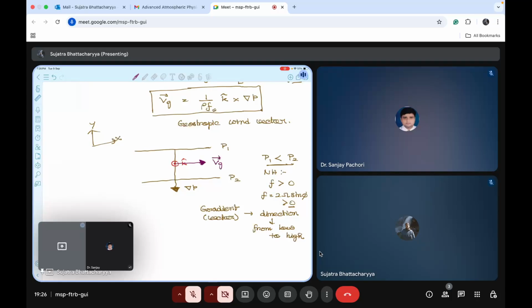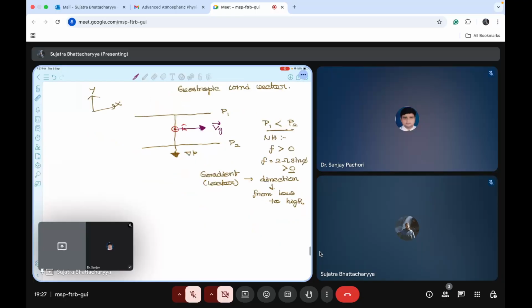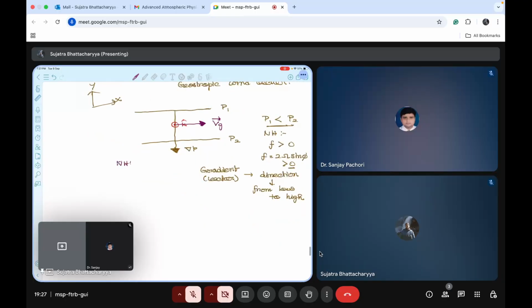Okay. So what we can see is that in the northern hemisphere, the geostrophic wind blows parallel to the pressure surfaces, but it keeps the low pressure region to its left. So in the northern hemisphere, the geostrophic wind blows in such a way that to its left, the pressure is lower.